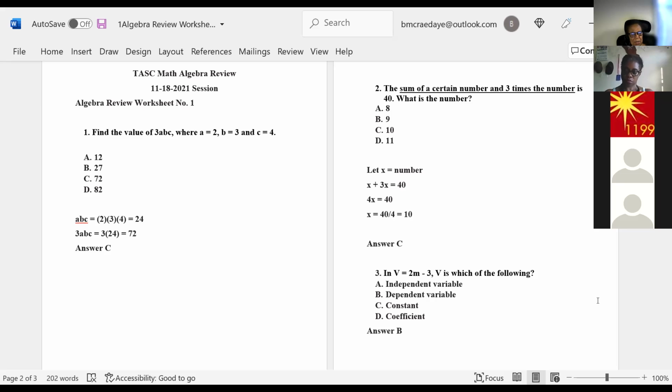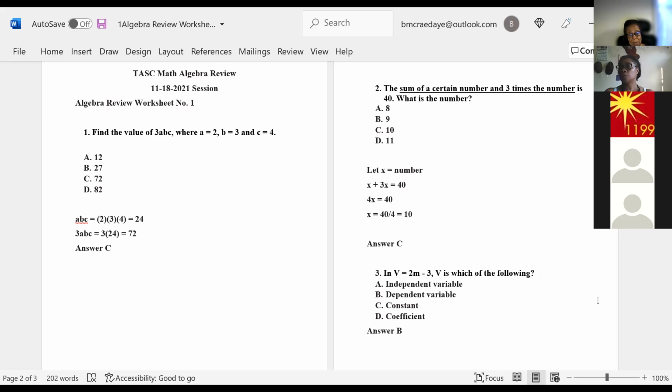Which one is it dependent upon? The miles you travel is dependent upon the number of hours you travel, right?